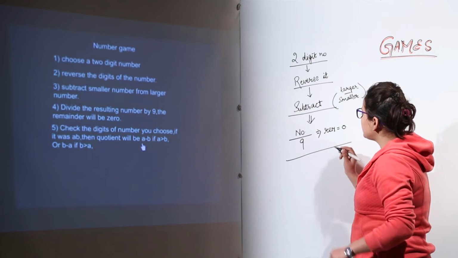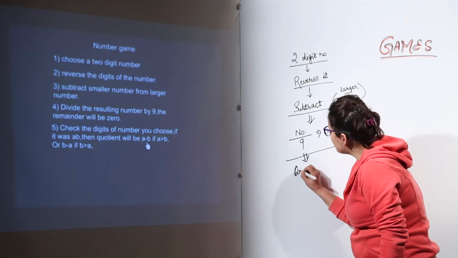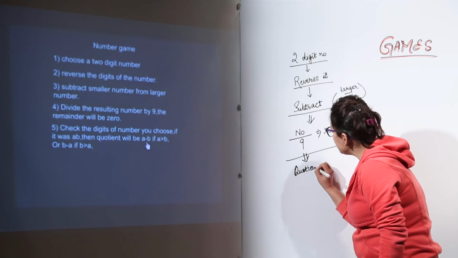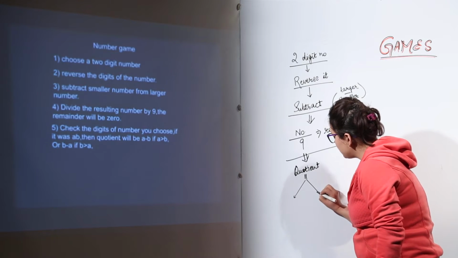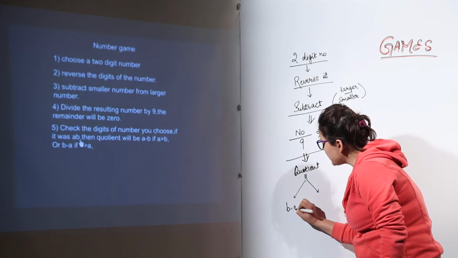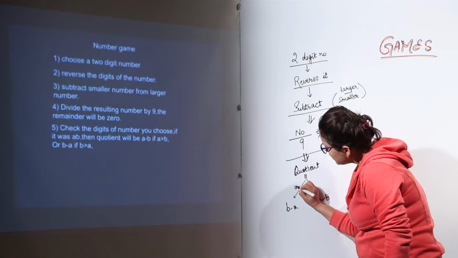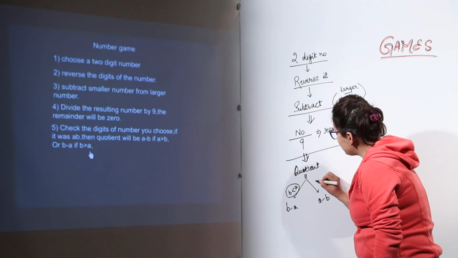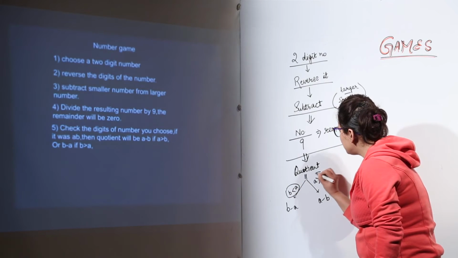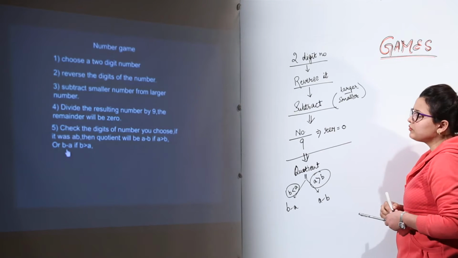That means if I write it in the format, quotient would be equal to, can be two cases, B minus A if A is smaller than B, or A minus B where A has to be greater than B. So this is the series of steps that you have to follow.